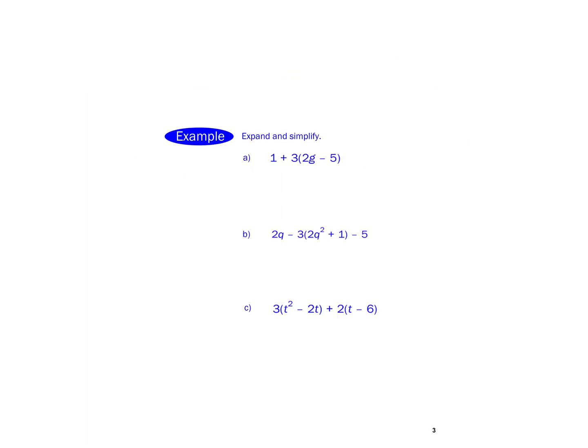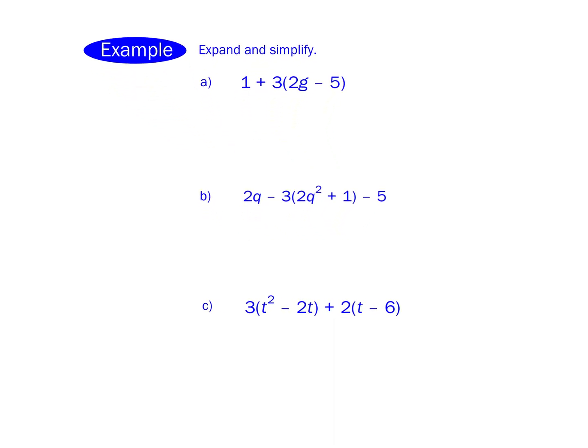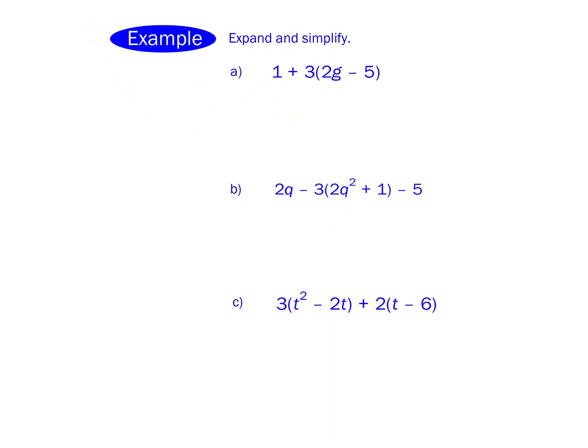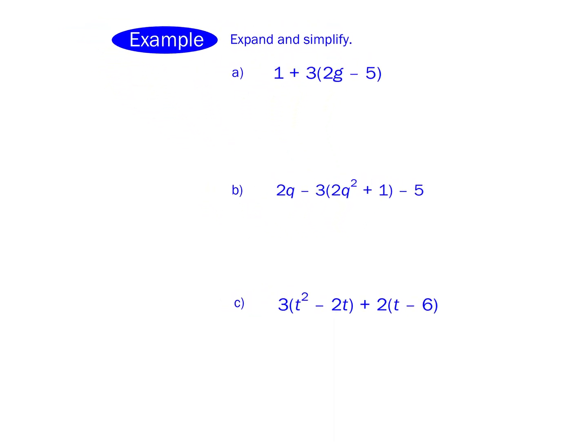All right, we've got 3 more examples. These ones are like the second last example we did in the last lesson, where we have some floaters. We have this 1, we have this 2q, and this -5. So we got to remember those and work with those when we work through this.